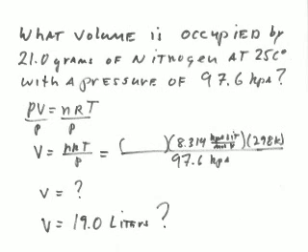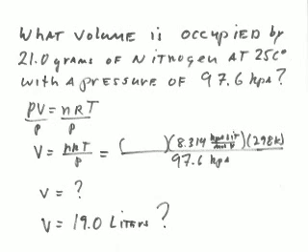So what volume is occupied by 21 grams of nitrogen at 25 degrees Celsius with a pressure of 97.6 kilopascals? So again, we have an amount of gas, we have a temperature and a pressure, so we can use our gas law to solve for the fourth variable, the volume.